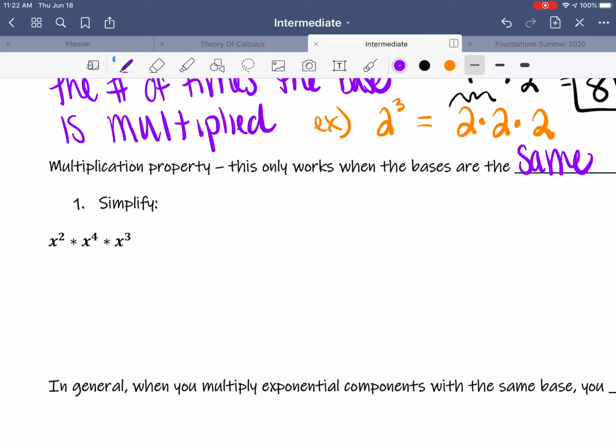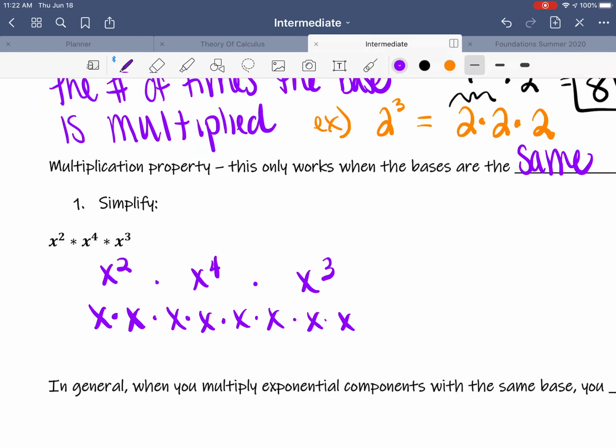So I'm going to use the definition of an exponent. I know that x squared is x times x because the exponent indicates the number of times that the base is multiplied. And then x to the fourth is 1, 2, 3, 4.